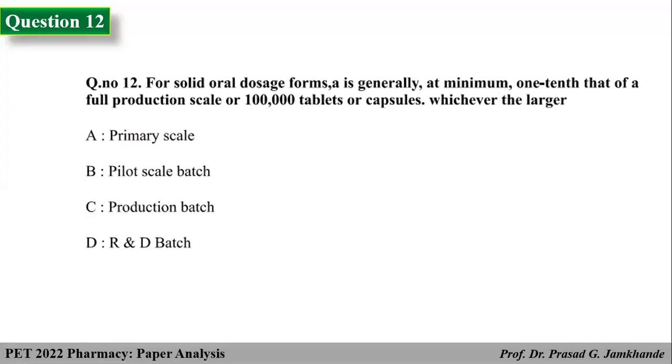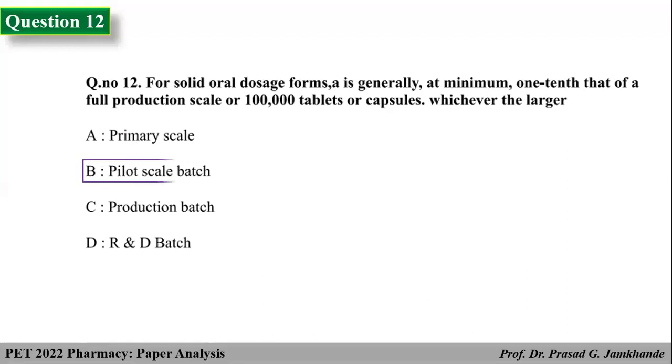Whereas in case of the pilot scale, we produce one-tenth of the full production. That means this one-tenth, or 1 lakh tablets, represents the pilot scale production. Whereas in case of the production batch, a large number of dosage forms or tablets is produced. So the correct answer is the B option.